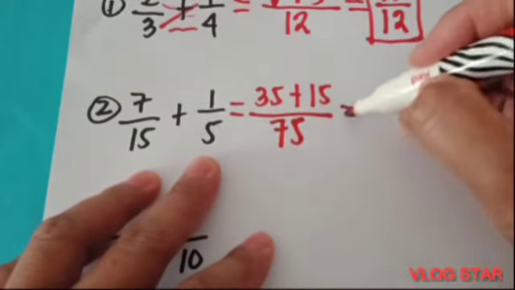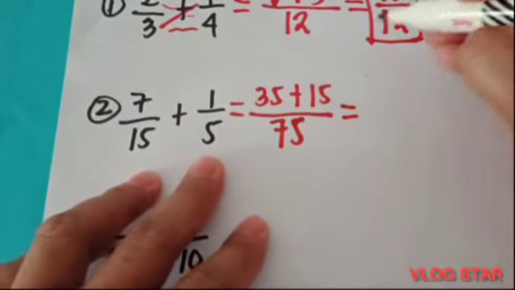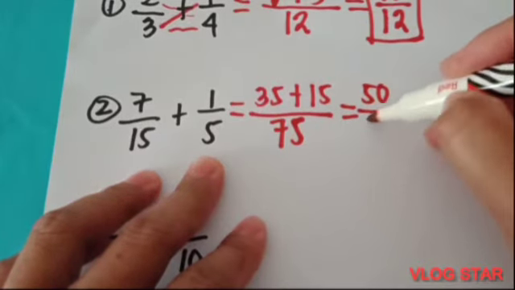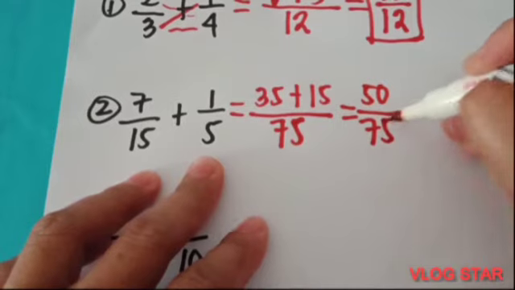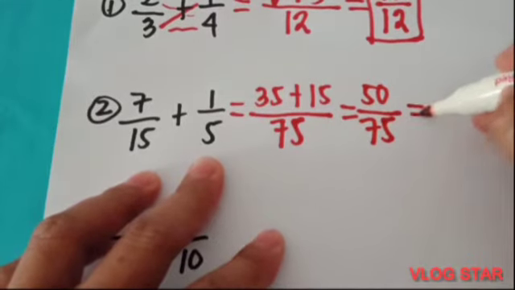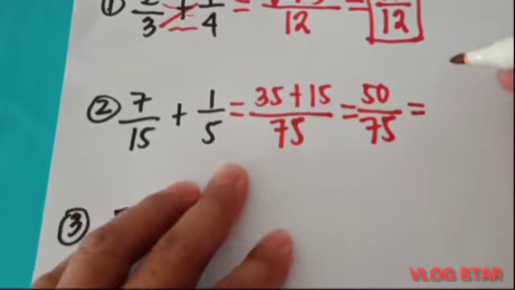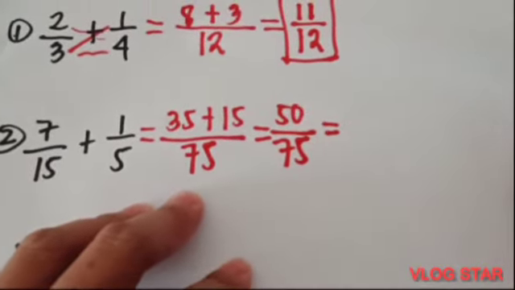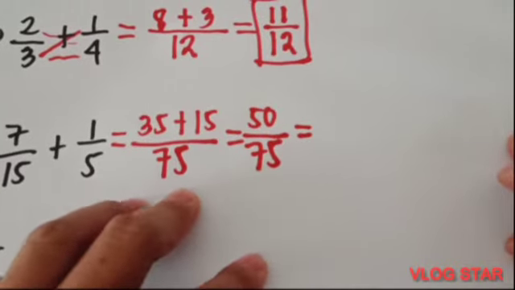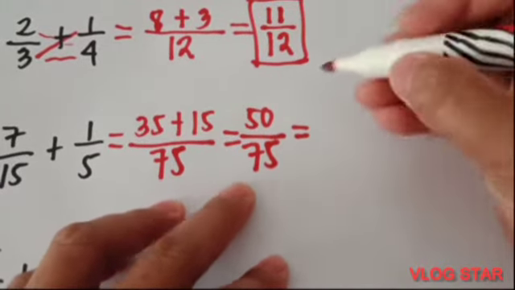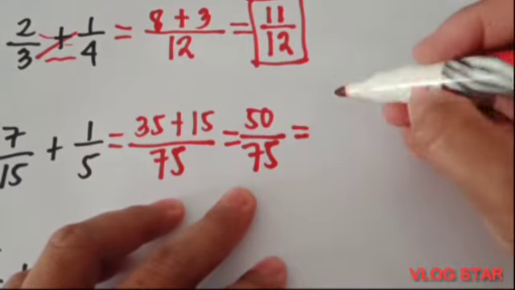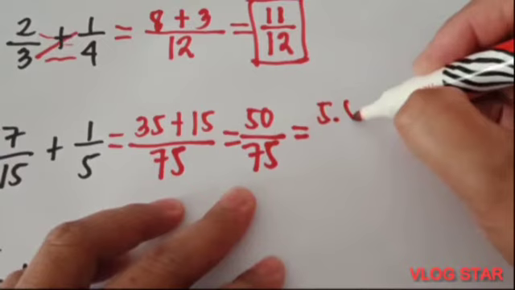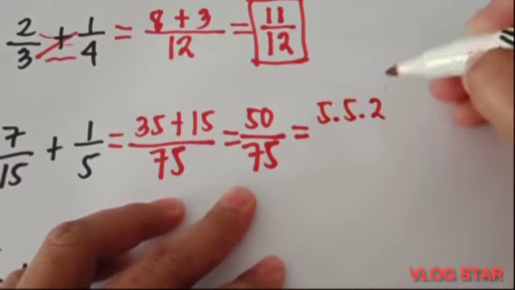So, i-add natin. 35 plus 15 is equals to 50 over 75, or pwede nating i-reduce lowest term or i-simplify. Pwede natin siyang i-factor ang 50 at saka 75. So, ang factor ng 50 is 5, 5, 2.